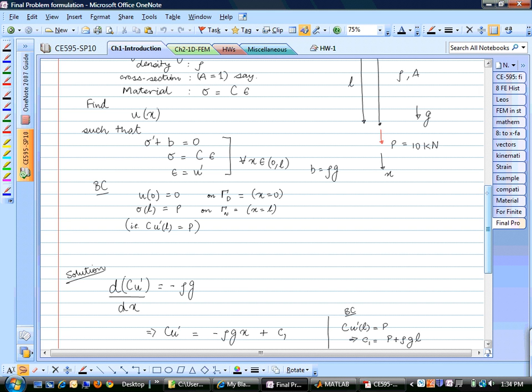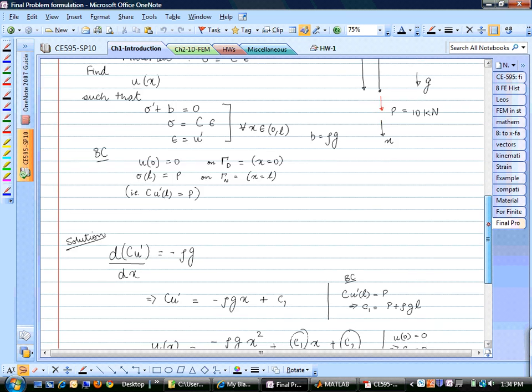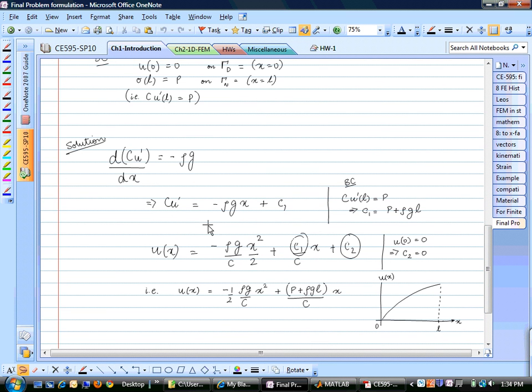This is a one-dimensional problem. We can easily take b to the other side, and we can start integrating. So we can simply solve this with direct integration. And when you do that, this direct integration creates a couple of constants of integration. So those constants can be evaluated simply from your boundary conditions.